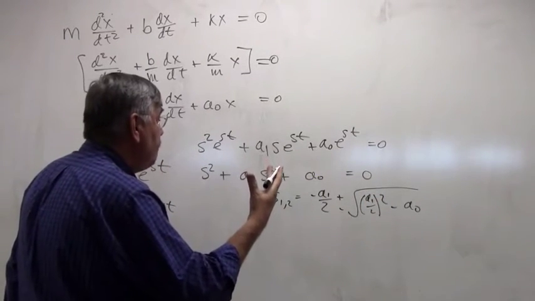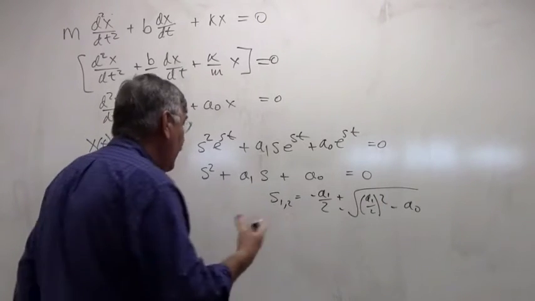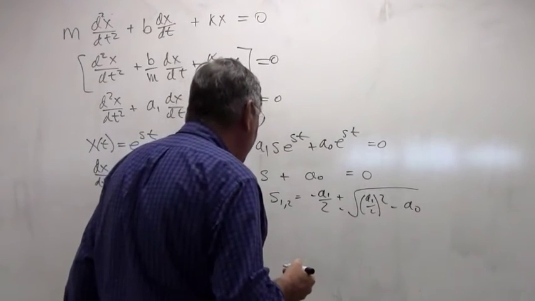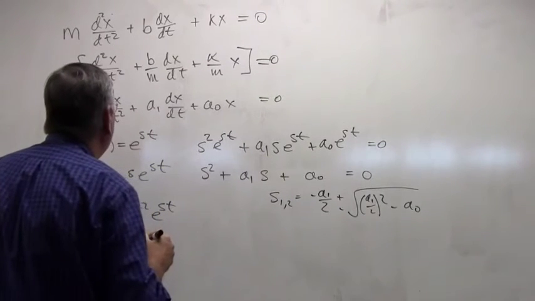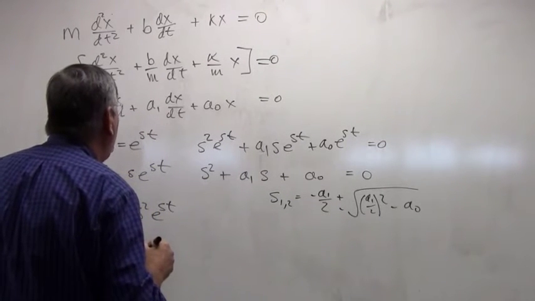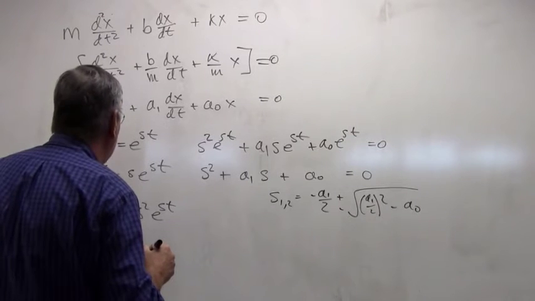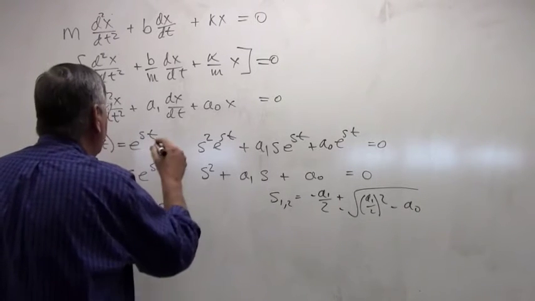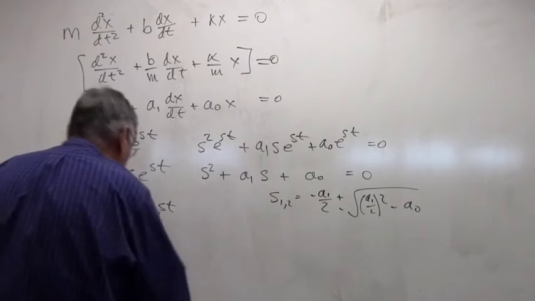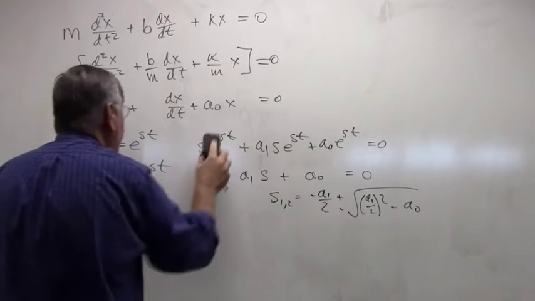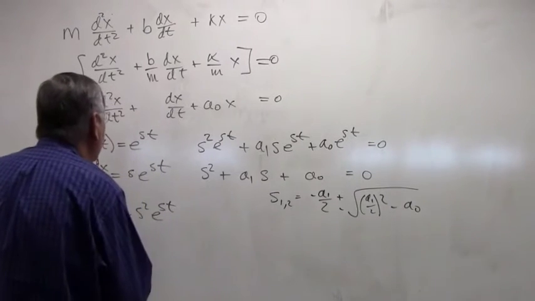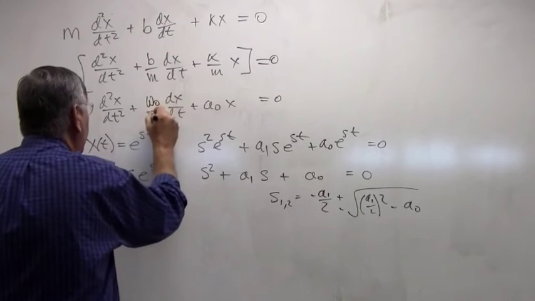That's a perfectly good form. Let me show you another one that may come in handy at some point. Let me let a1 be omega naught over Q, and we can solve for this.